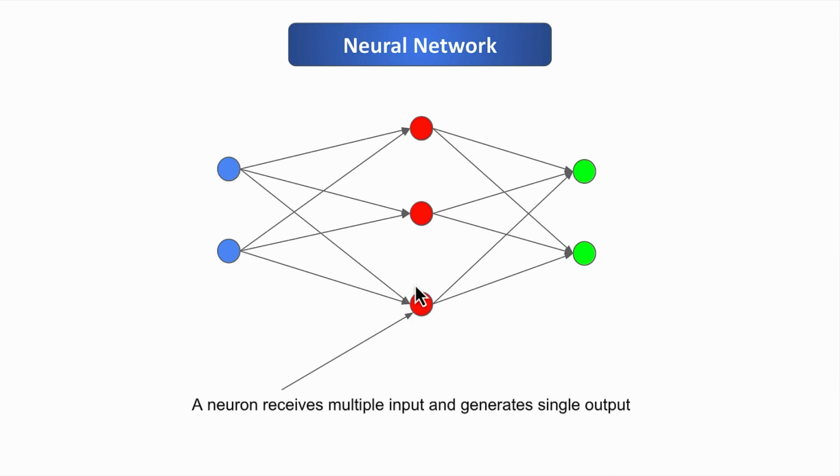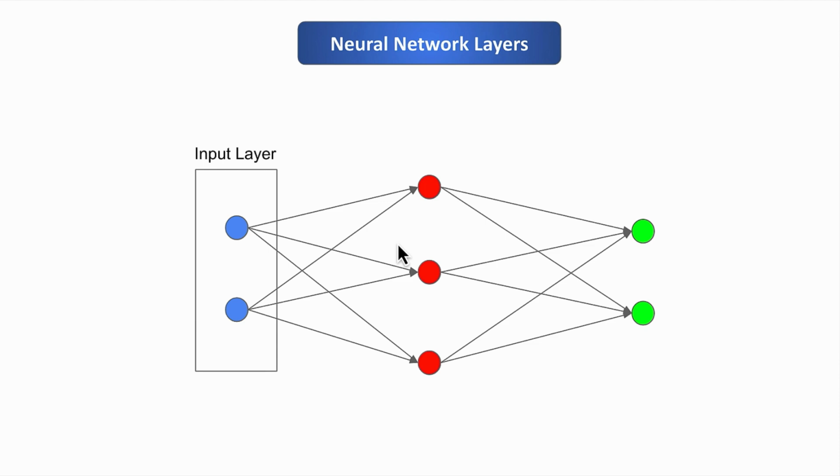So inside a neural network, the first important thing is the neuron, and the second thing is the layer. As we have said, inside a neural network there are layers, and inside those layers there are neurons. In this very simple neural network there are three types of layers, and the first type is called the input layer, and it is represented with these blue circles.